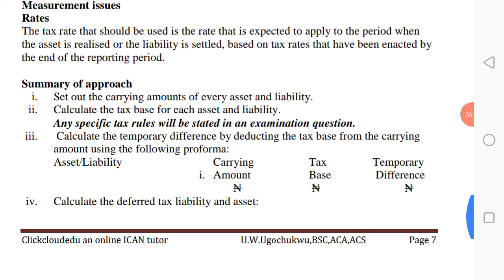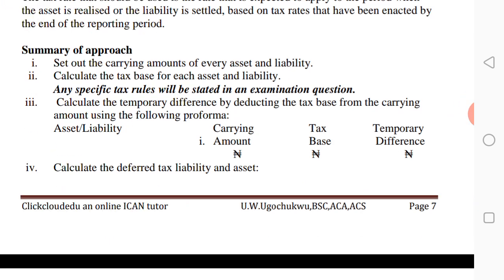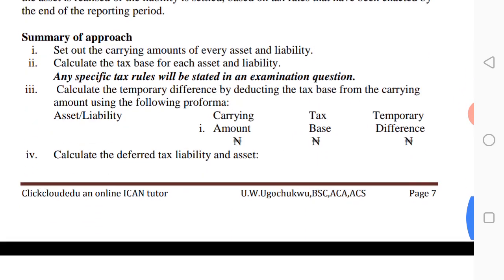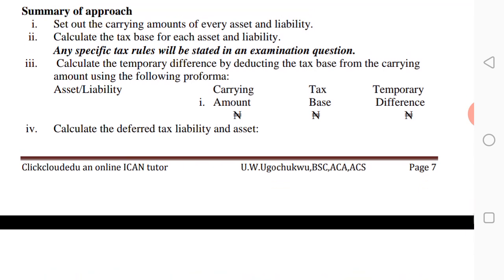So here I give us a summary of approach, that means how to account for it, though I've already used an illustration to explain it. The first thing you have to do is to list all the assets and liabilities, write the carrying amount, write the tax base, and the difference between them is the temporary difference.